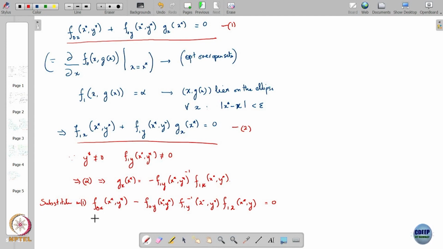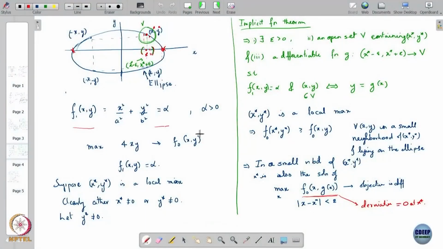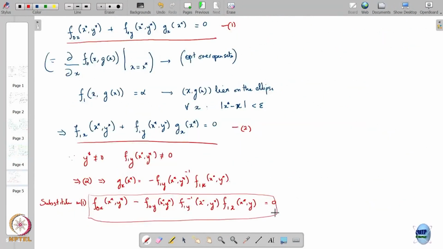And I have now got here an equation that is only in terms of x star and y star and the known functions f0 and f1, right. So, this gives me a new necessary condition for x star y star to be a local maximum. So, go back to the optimization problem that we had. If x star y star is a local maximum, then it is necessary that x star y star satisfies this boxed equation.